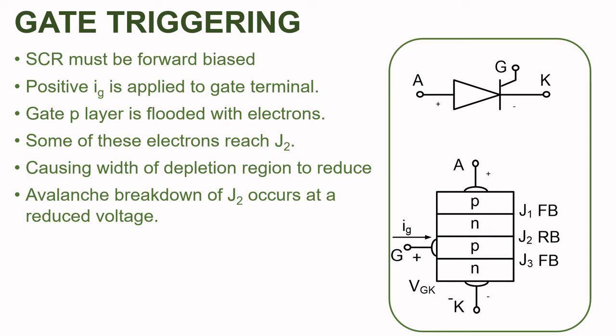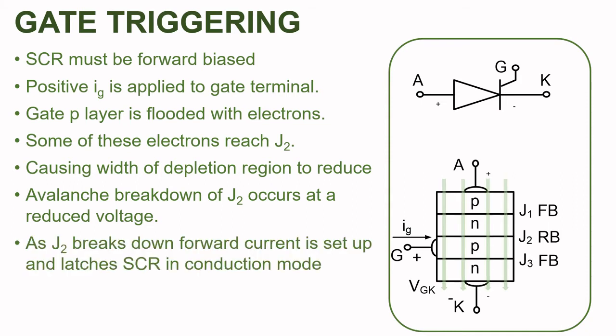If avalanche breakdown of junction J2 occurs at an applied voltage less than the forward breakover voltage, then a forward current would be set up from anode to cathode. This forward current will latch the SCR into the on state.